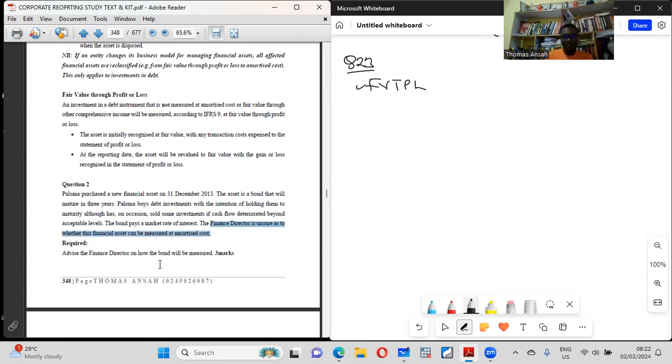Yes, he can use amortized cost, because even though he's holding it to maturity, his selling is because of cash flow deterioration. It's not that they've seen another investment in the market they are going for. So for question 2, you can use amortized cost.